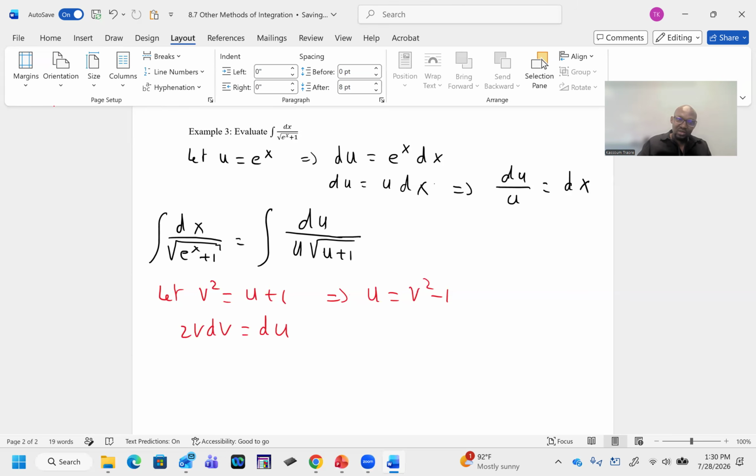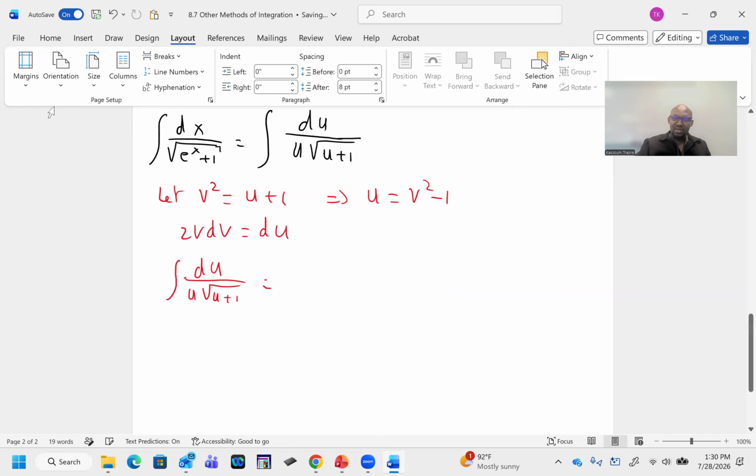By doing this substitution, the new integral du over u square root of u plus 1 becomes the integral of 2v dv, because that's my du, divided by u, which is v squared minus 1, times square root of u plus 1, which is v. So v and v cancel out.